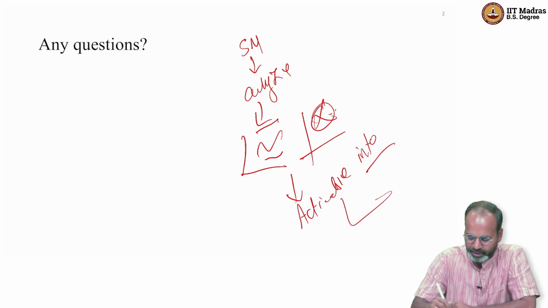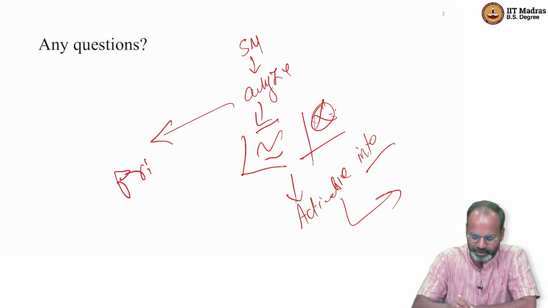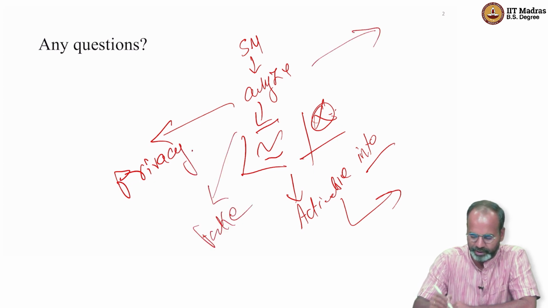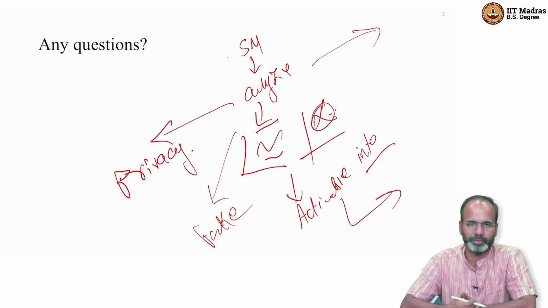How this actionable information can be used: privacy, personal data that is available, fake news that is available. All of this is what we were looking at.